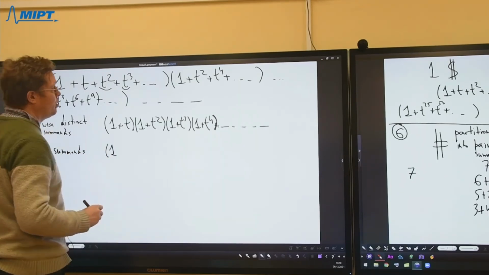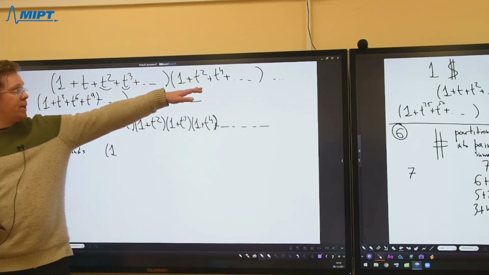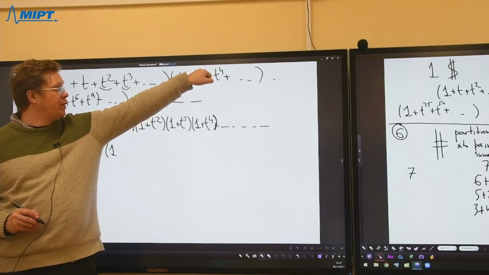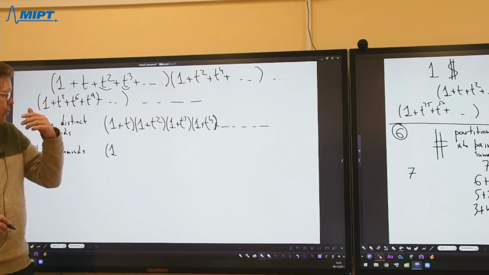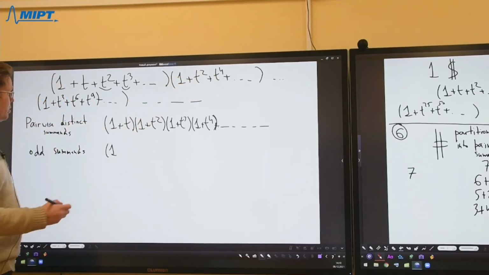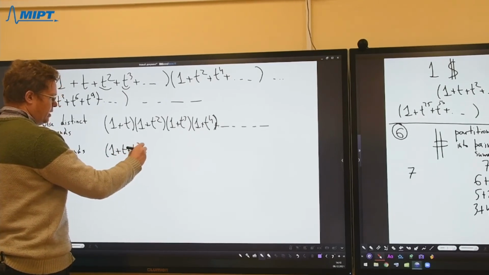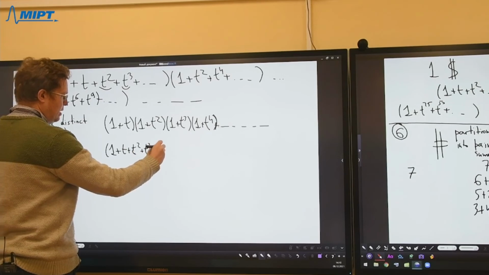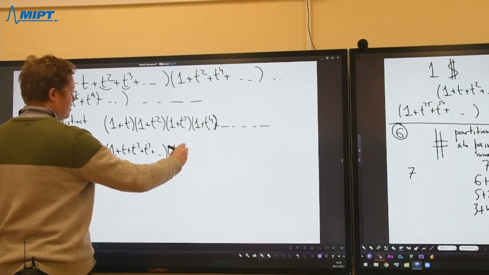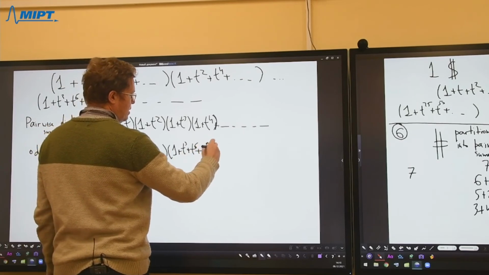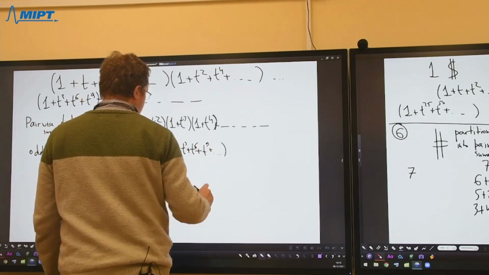So for example, we cannot have this bracket, because this contains only 2's, and we don't have 2's, we have odd numbers. So we will have this sum.